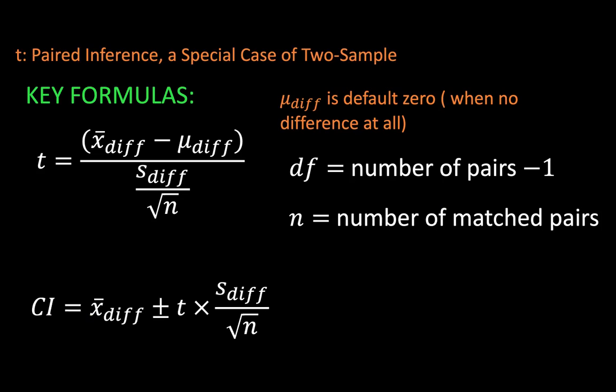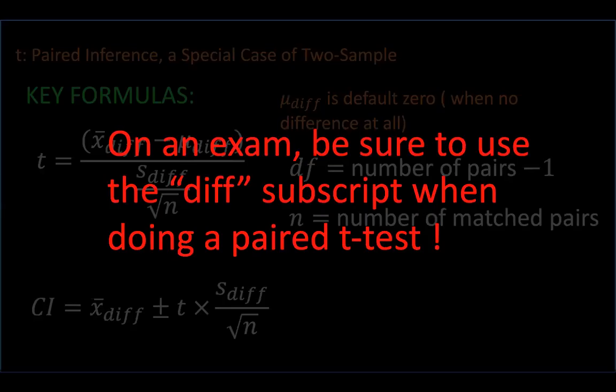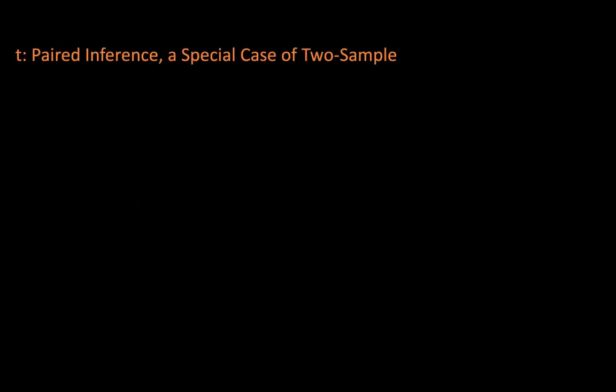The confidence interval is given by x bar diff plus or minus the t-score times the standard error, which is s sub diff over the square root of the sample size. On an exam, be sure to use the diff subscript when doing a paired t-test. That's very important.